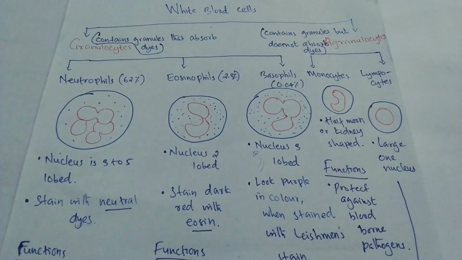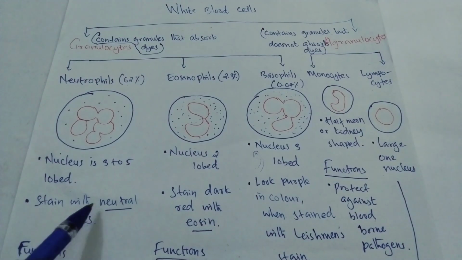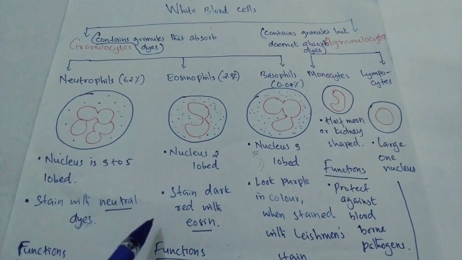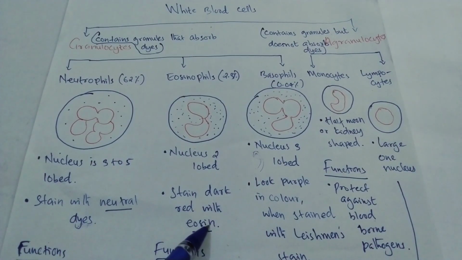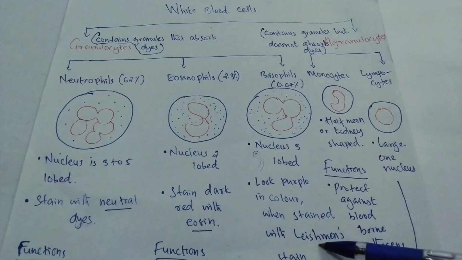And eosinophils stain dark red with eosin. Neutrophils stain with neutral dyes, therefore the name is neutrophils. Whereas eosinophils stain dark red with eosin, therefore the name is eosinophils. Basophils look purple in color when stained with Leishman's stain.